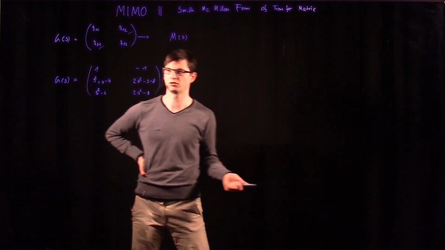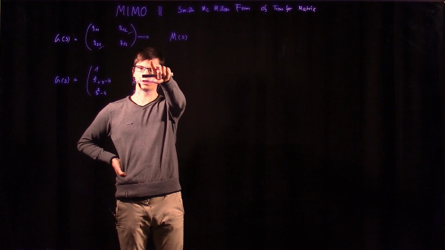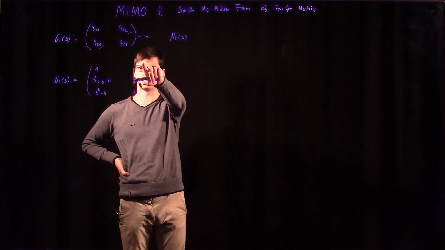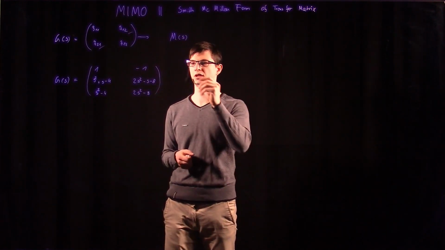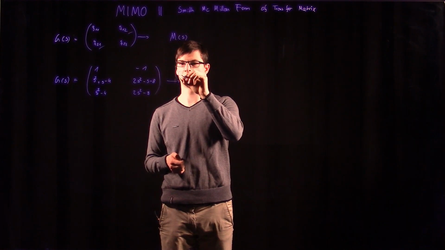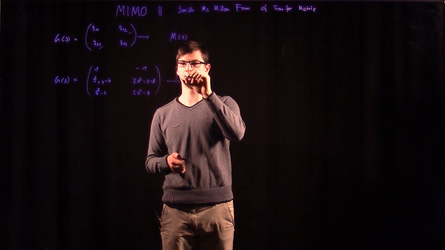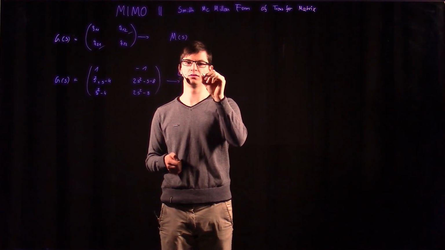The first thing that looks pretty simple is that we could cancel out location 1,2 by adding column 1. So we say column 1 plus column 2, and we assign that to column 2.